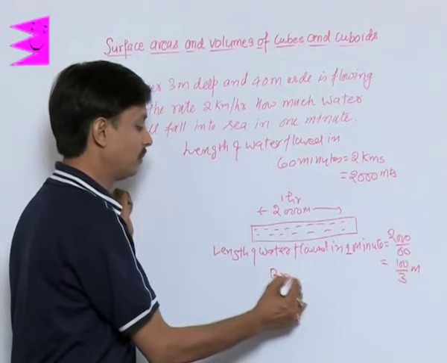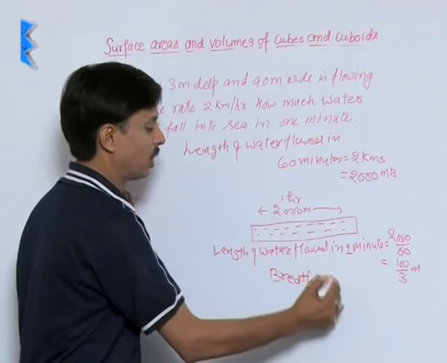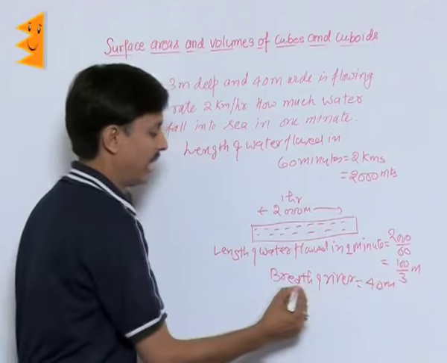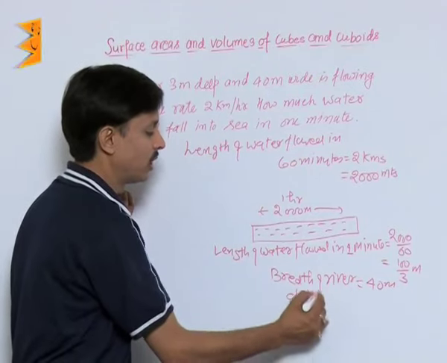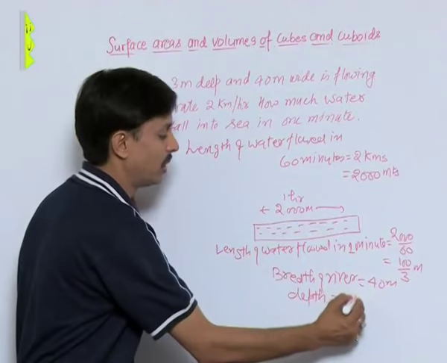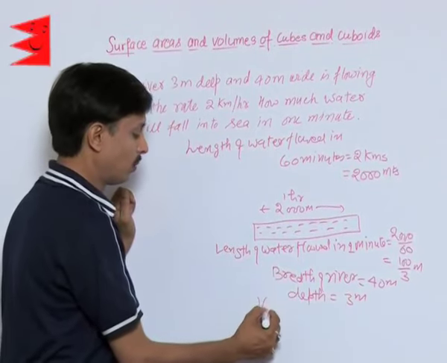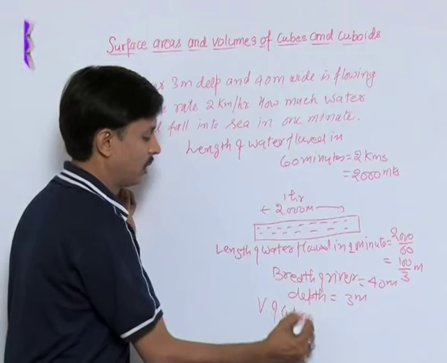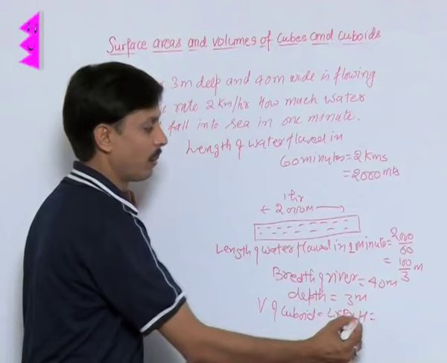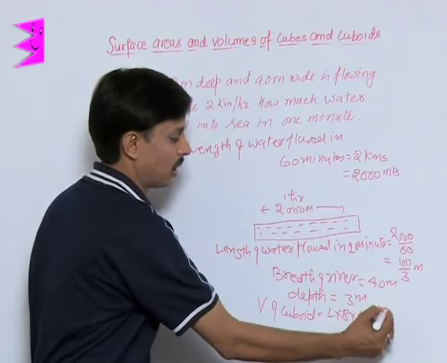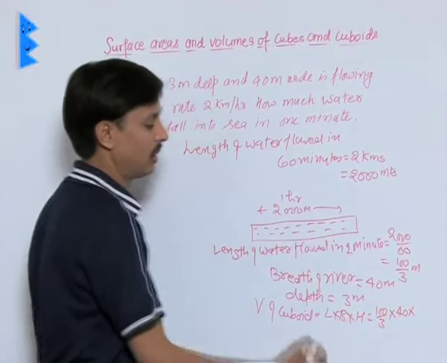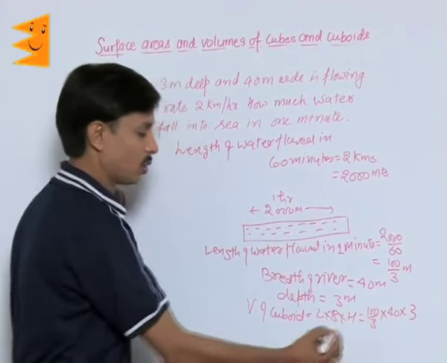Breadth of river is given equal to 40 meter, and depth, which can be considered as the height if I consider this a cuboid, is 3 meter. So volume of cuboid is given by length into breadth into height, which is length 100 upon 3, breadth 40, and height 3.